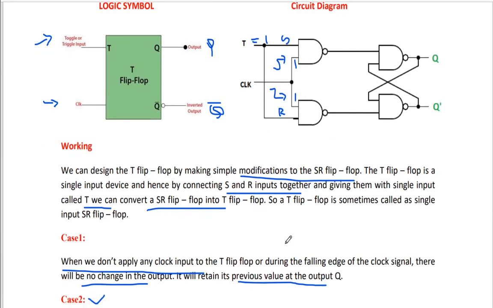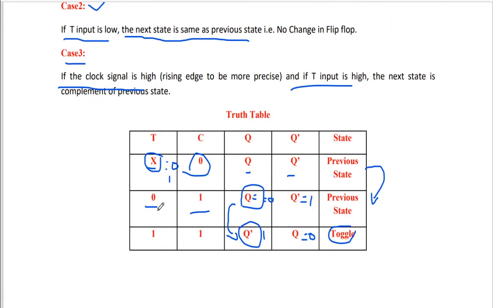Now here in the T flip-flop, when T is 0, we have Q and Q bar as the previous state, and when T is equal to 1, the next state is the complement of the previous state. Okay, so this is why we call it a toggle flip-flop, or a complemented flip-flop.